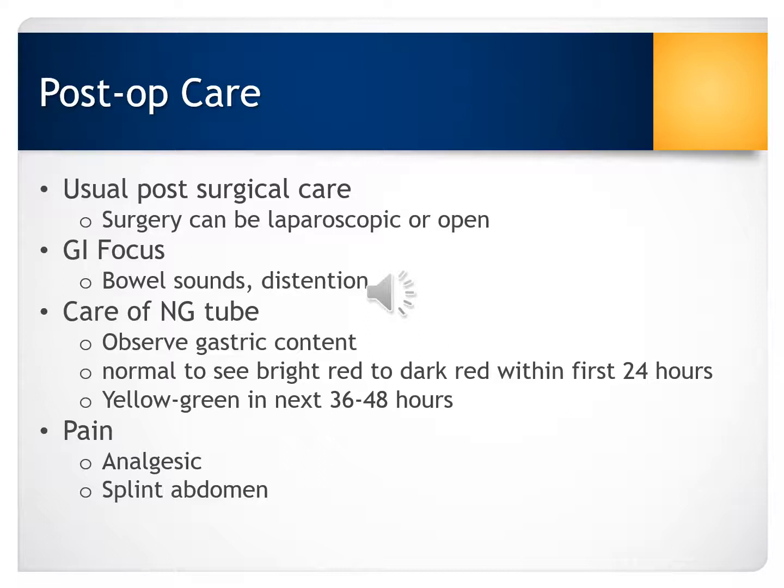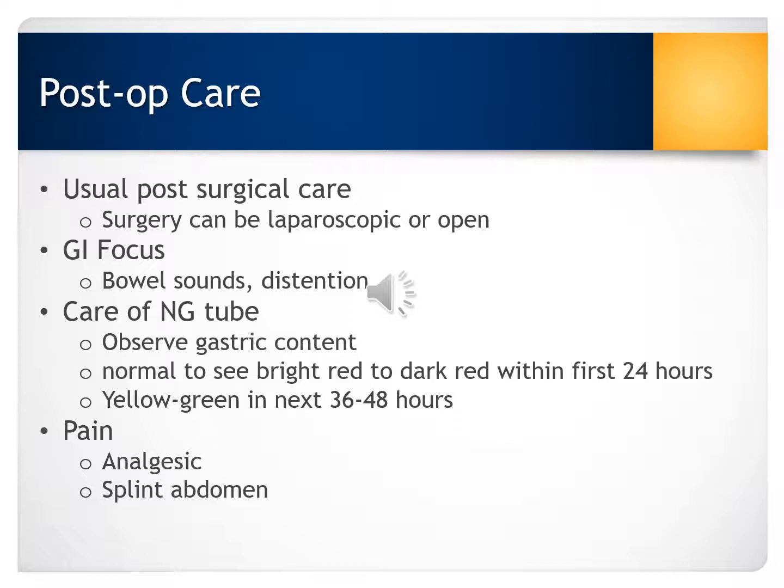Care of the patient after abdominal surgery is similar to caring for any postoperative patient. There will be a GI focus. Your assessments will include head-to-toe assessments, but you will have a focus on the signs and symptoms of decreased peristalsis, including abdominal distension, lower abdominal discomfort. You will be watching for abdominal intestinal obstruction.